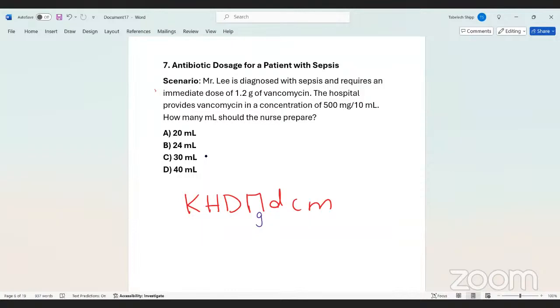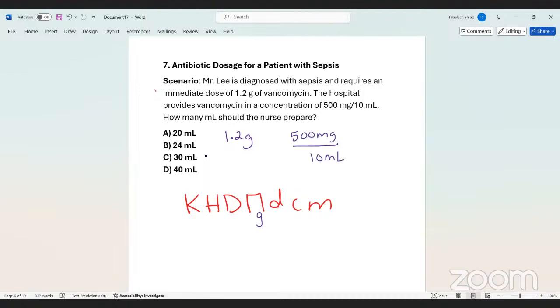So in this particular problem, you have 1.2 grams of vancomycin. The hospital provides this in a concentration of 500 milligrams per 10 milliliters.